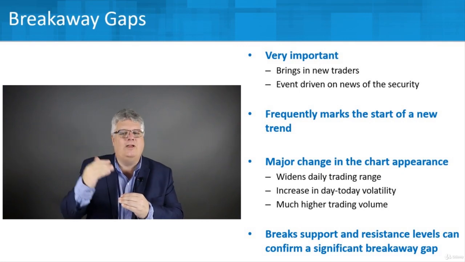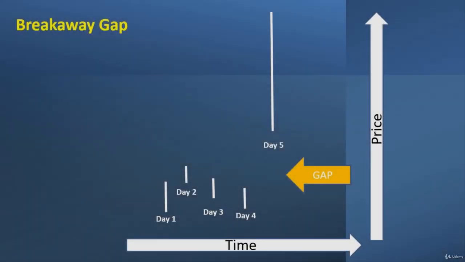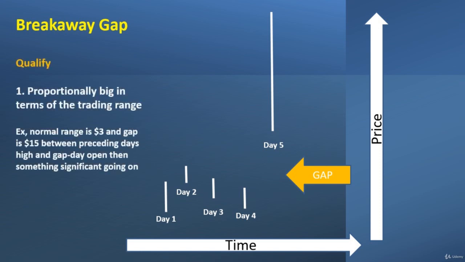And it is a significant leap in terms of the price, and we'll take a look at that now and how to trade on that visually. So in this example, we have an upward gap, right? We have a gap between days 4 and 5 prices. And what you're really looking for is a couple of things. Ideally for a breakaway gap, you want it to be proportionally big in terms of the trading range.